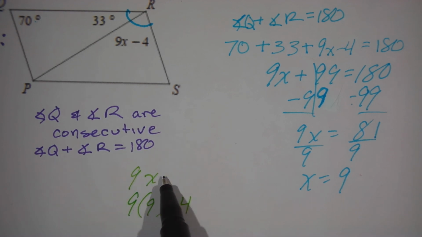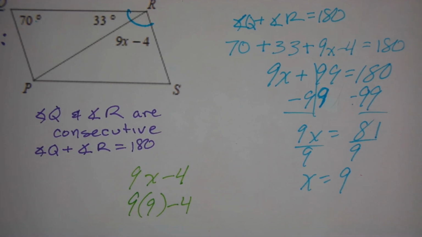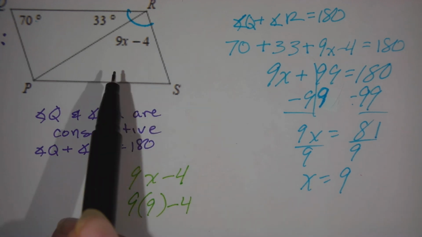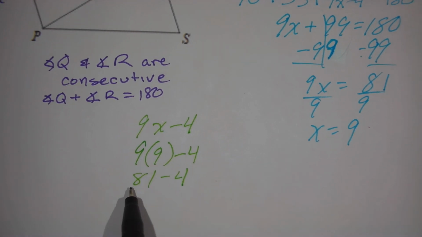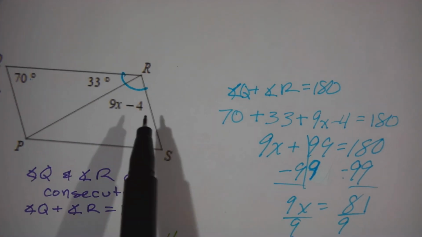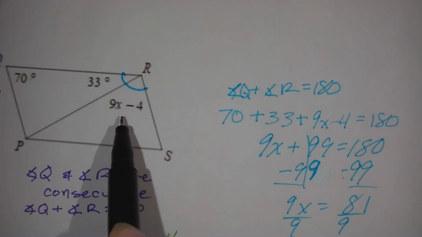And this is again coming from 9x minus 4, just in case you're wondering. I'm substituting it back in. So 9 times 9 is 81 minus 4. Oh my goodness, yes, it's 77. So this guy right here should be 77. This right here should be 77.